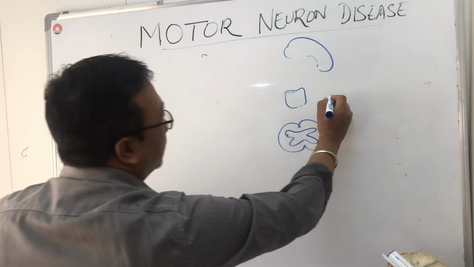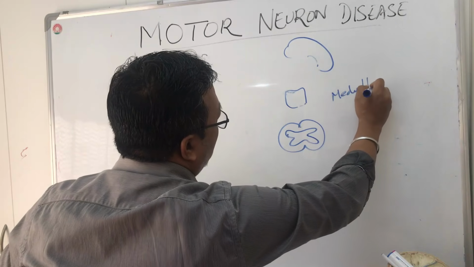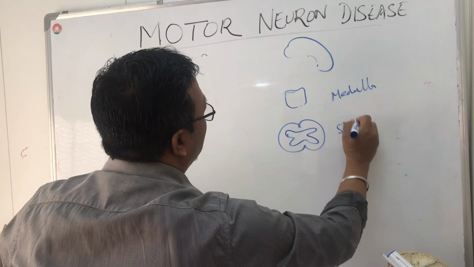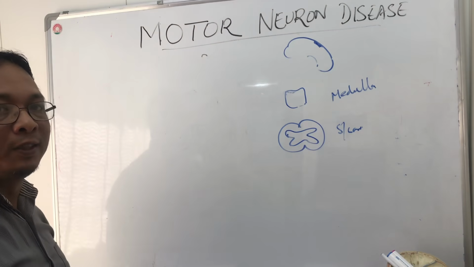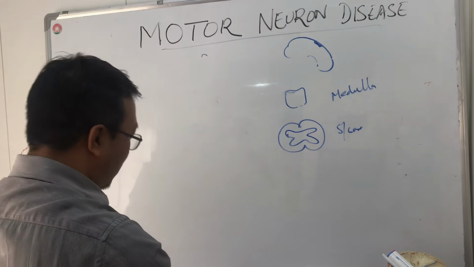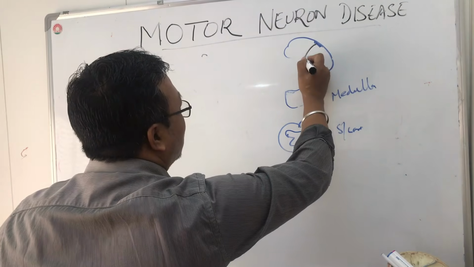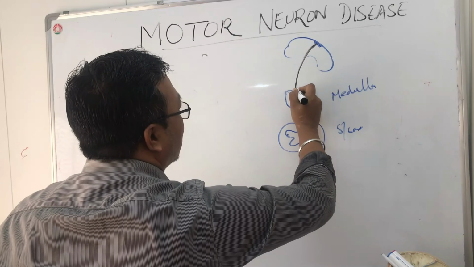So this is the medulla, this is the spinal cord, and this is the precentral area. We know the precentral area is the motor area, so here the corticospinal tract is coming.